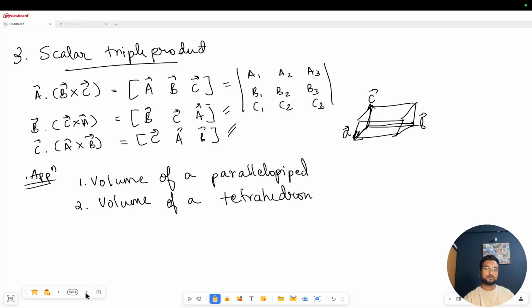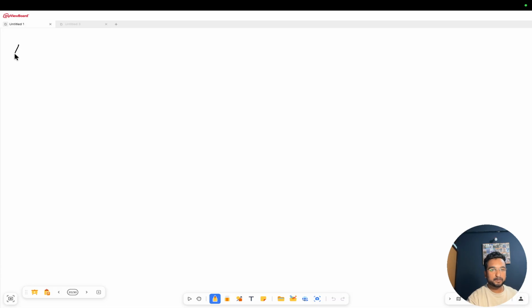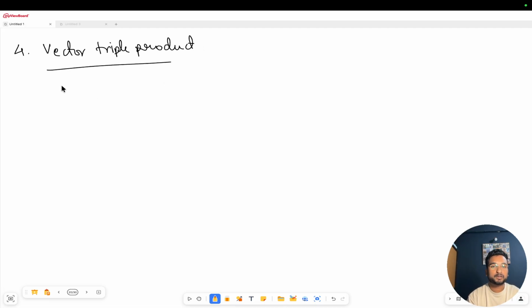Okay, then moving ahead, what is the vector triple product? Vector triple product means A cross B cross C. I use a technique to help you remember this formula, which is back minus cab.